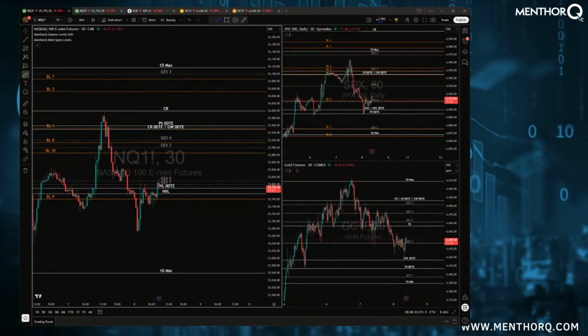And if you watch me more often, normally I'm talking every single day about my A plus setup on the VIX. This is basically call resistance, 0DTE, and put support, 0DTE. If we're touching this, then you have a really good move. And not only that, because VIX has no blind spots.